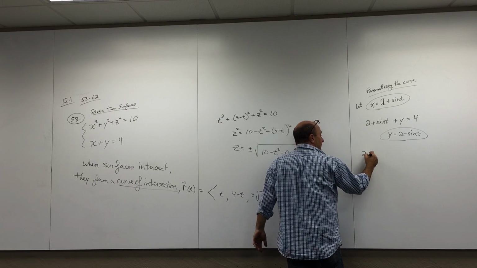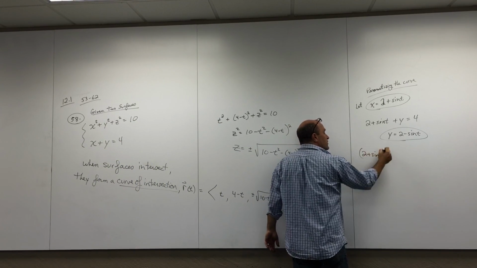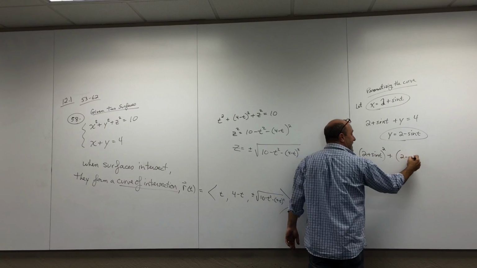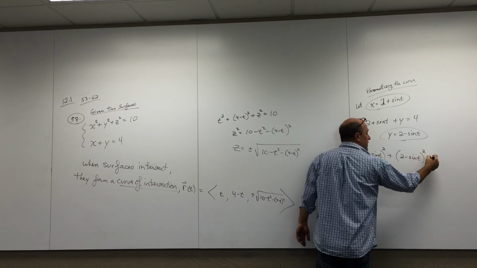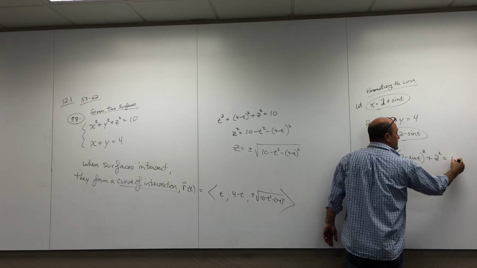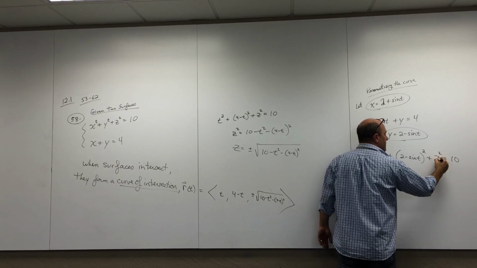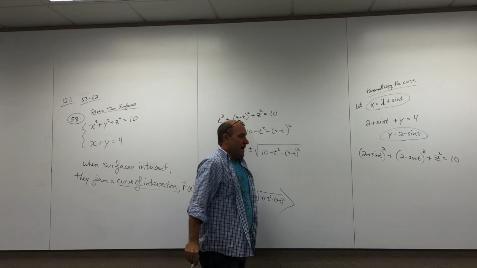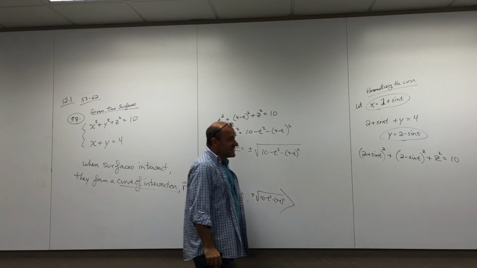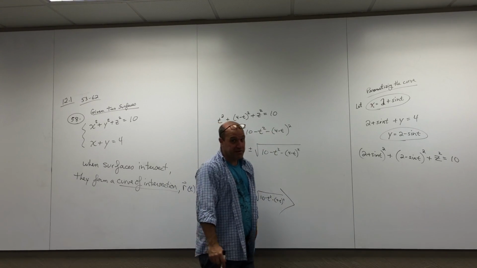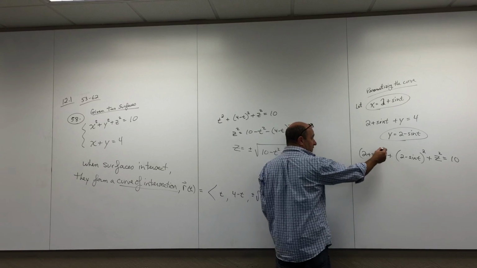So x squared plus y squared plus z squared equals 10. And I bet you this cleans up. I think that was their point. So I'm going to FOIL this out.